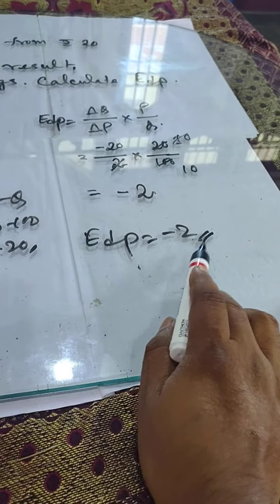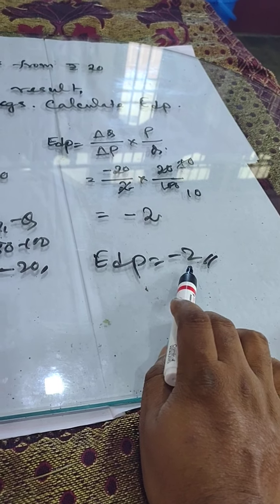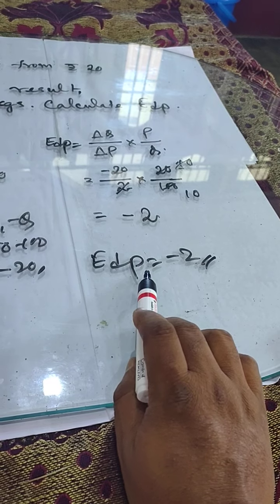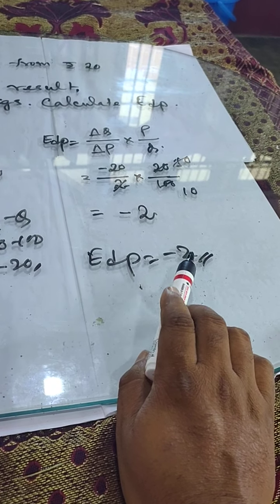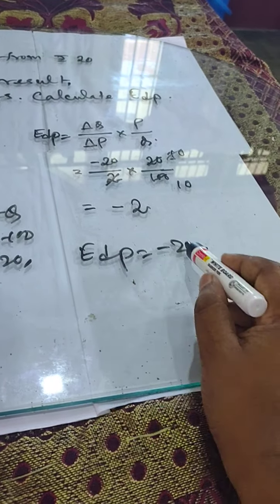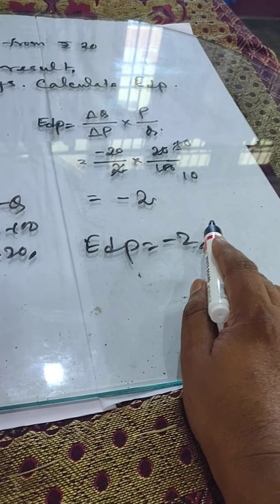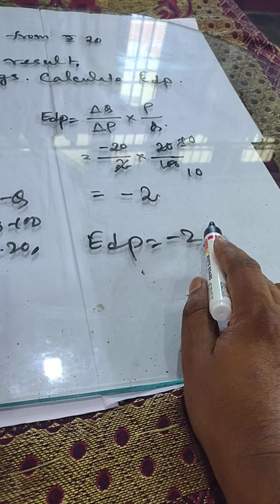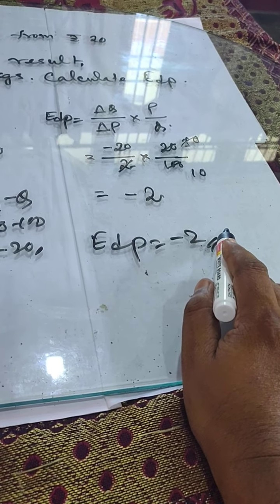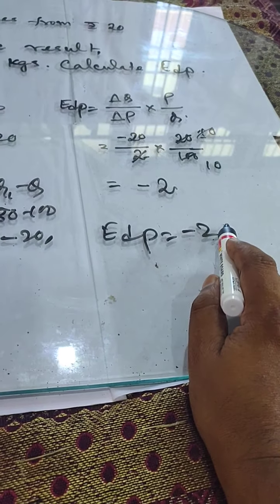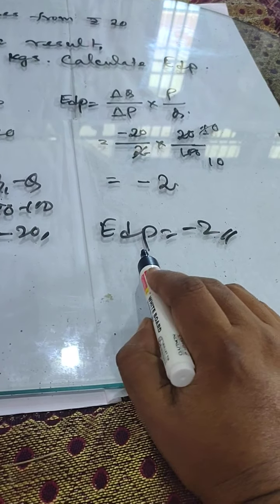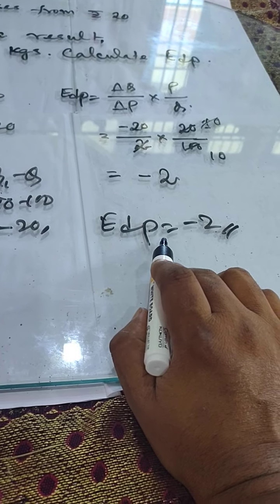That means there is no specific unit in case of the price elasticity of demand. It is just a pure number. That means we need not place any unit, such as kgs or liters, or any different units, to explain the value of the price elasticity of demand.